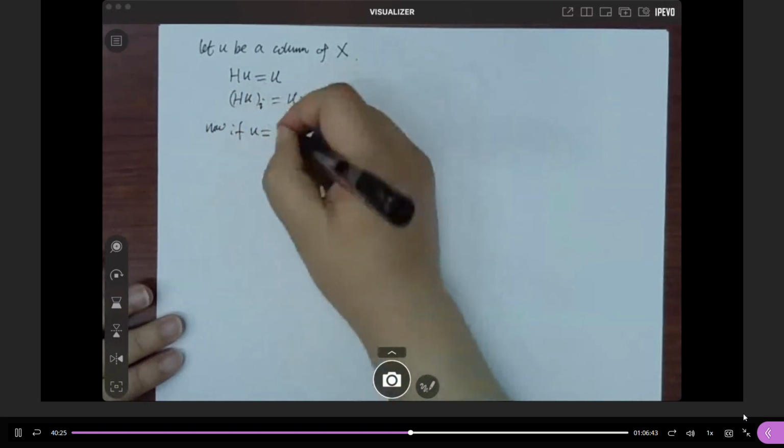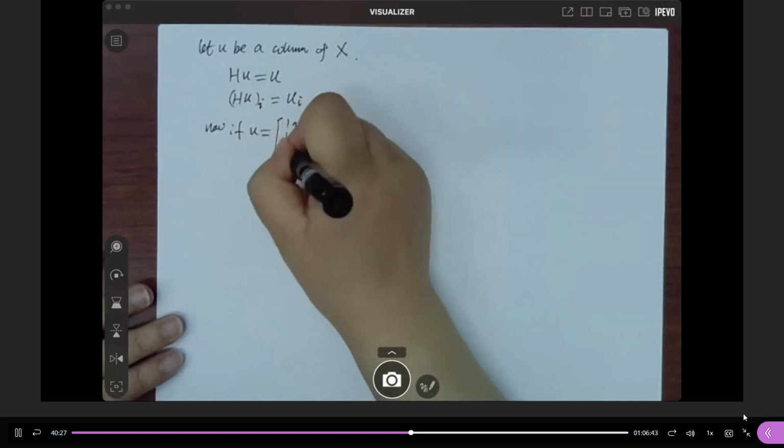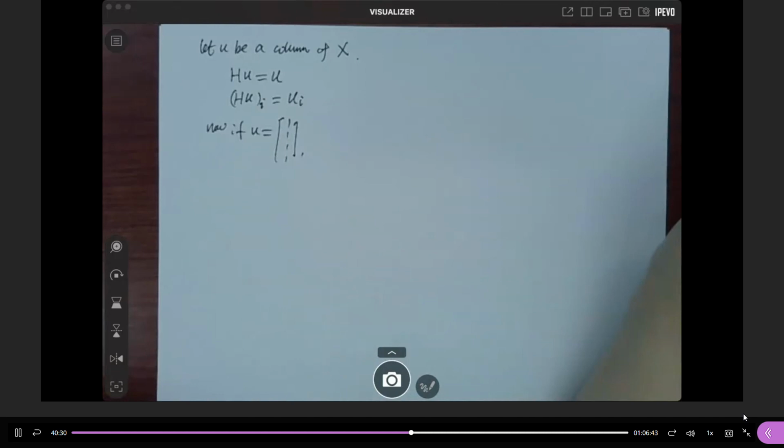Now, if U equals the first column, the all ones, then what do you see? What do you see?